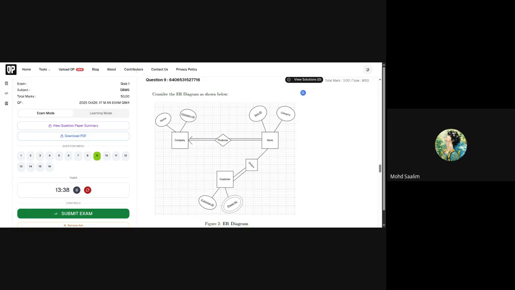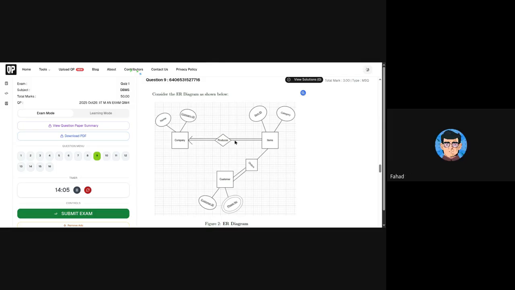I want some reasoning behind it. 3 for the entity sets, 1 for the many-to-many orders, and 1 for the phone multi-valued attribute. So, company, items, customer, orders, and phone number.